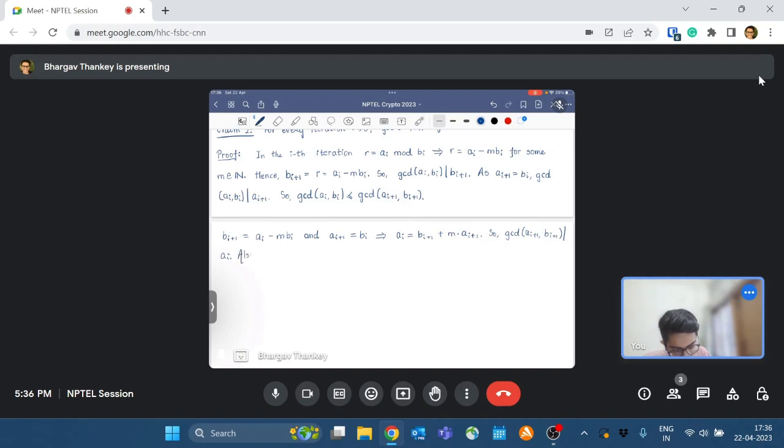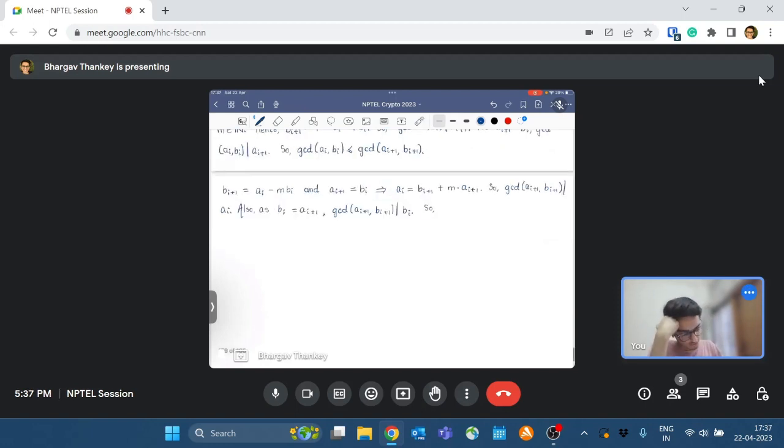Also, as BI equals AI plus 1, the GCD of AI plus 1 and BI plus 1 also divides BI. So the GCD of AI plus 1 and BI plus 1 divides both AI and BI. So it's a common factor of AI and BI, and therefore it must be less than or equal to the greatest common factor, right?